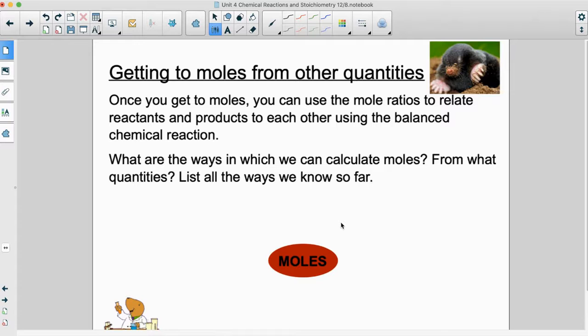There are several different ways that we can get to moles. So the most common thing that you probably immediately thought of is by using the molar mass to get to mass or grams, right? We can easily convert between these two things by using our grams per mole or our molar mass.